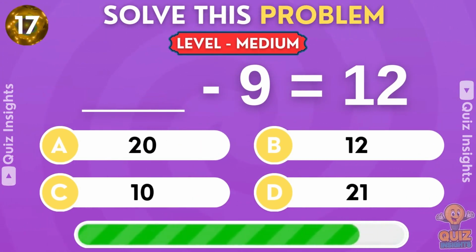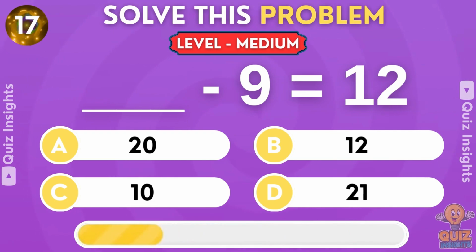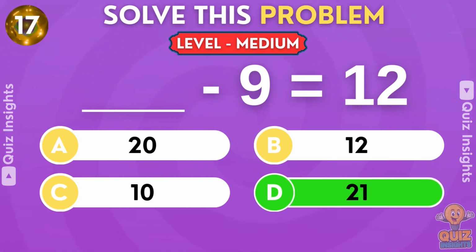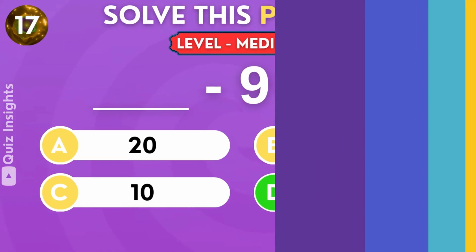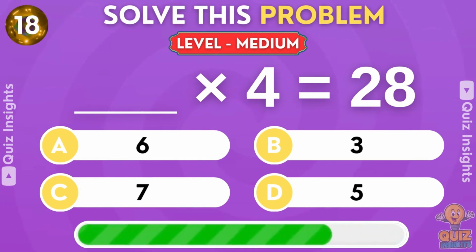What number minus 9 equals 12? 81. What number multiplied by 4 equals 28?